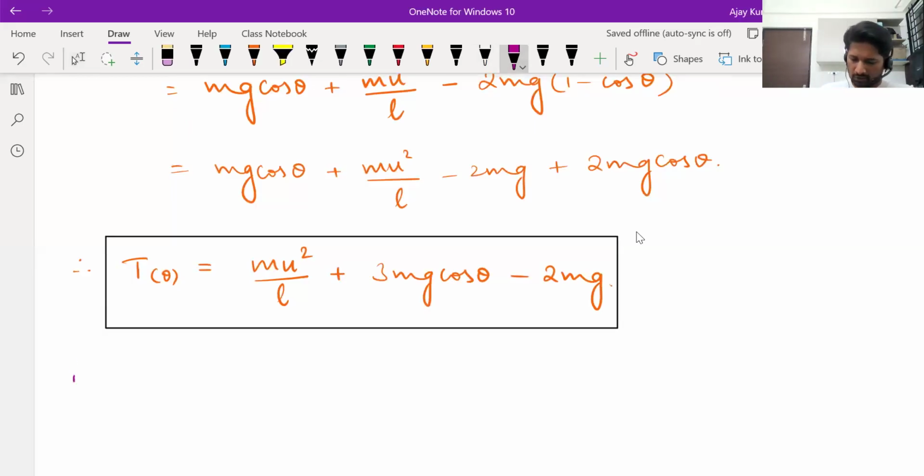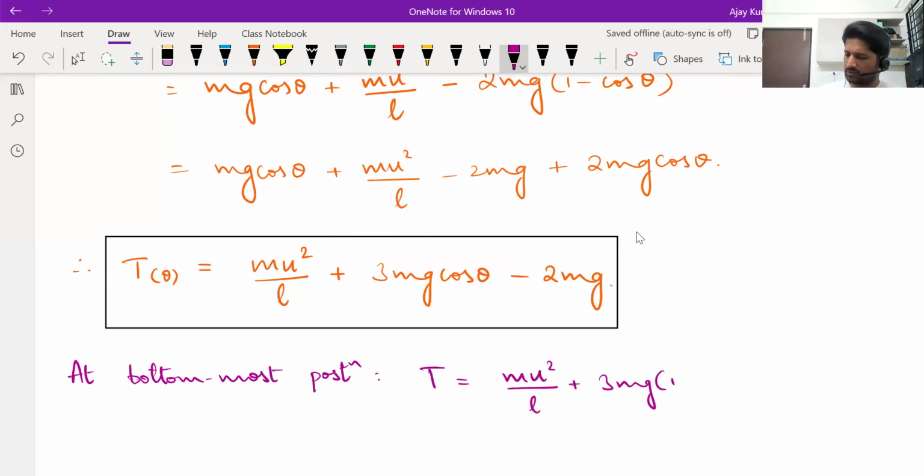So at the bottommost position, tension is mu square by L plus 3 mg cos 0. Cos 0 is 1, minus 2 mg. So effectively tension is mu square by L plus mg.